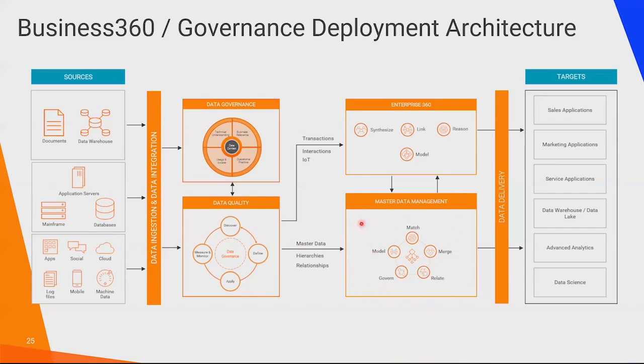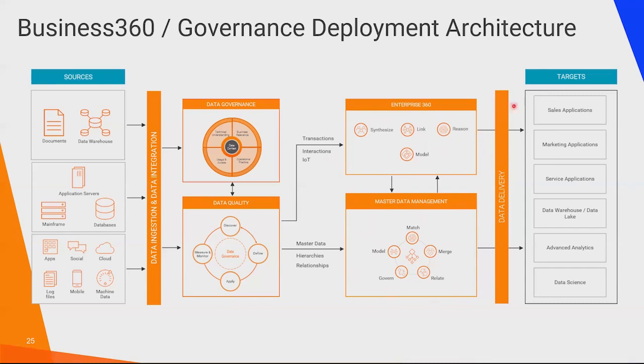And along with that, you have these other enterprise 360 applications where you are synthesizing the data, you are working on transactional data, IoT data, and all these applications are referencing master data to create better quality data. And once the data is all prepped and ready, it is ready to be delivered to your enterprise applications.